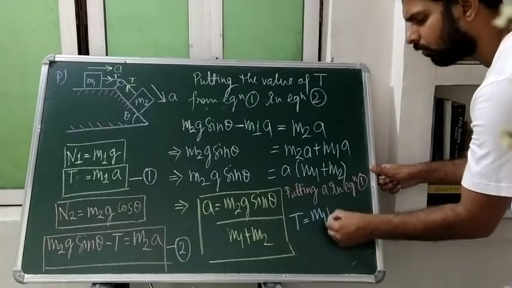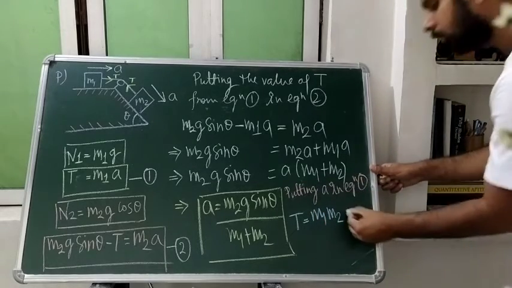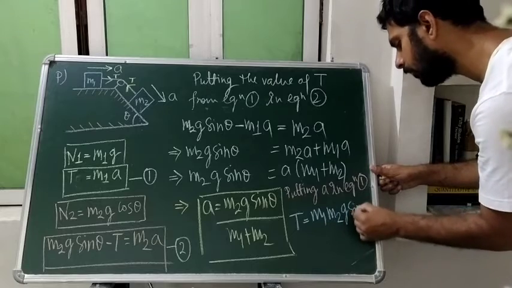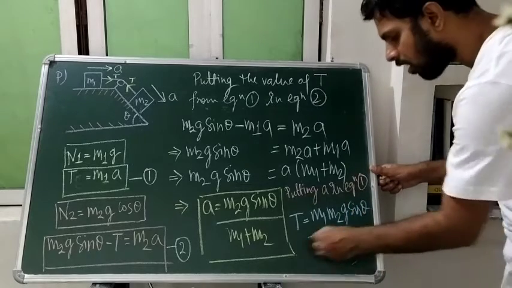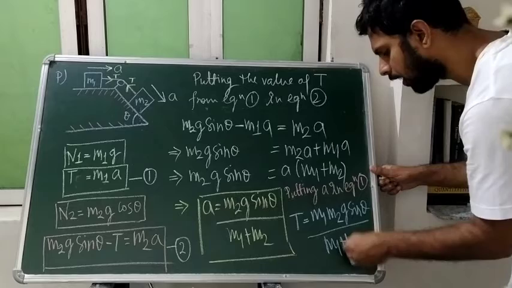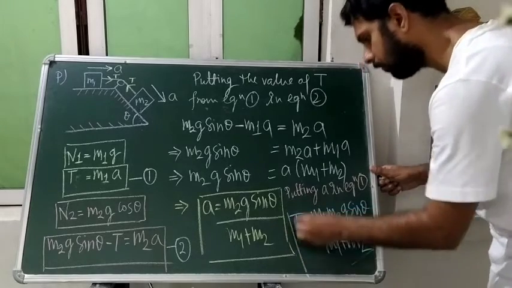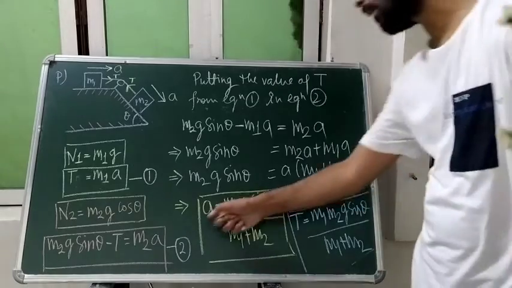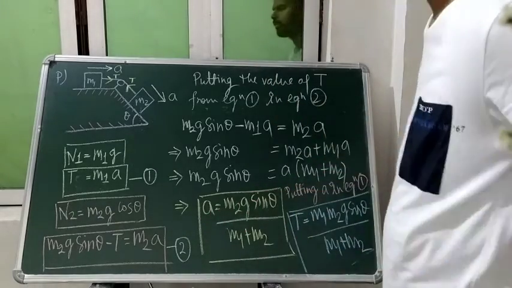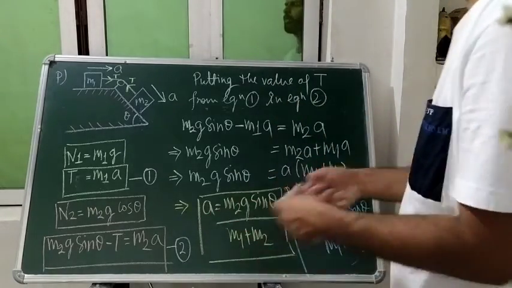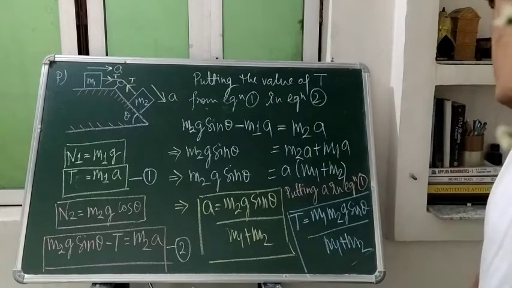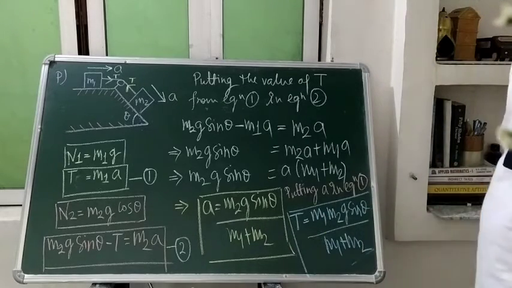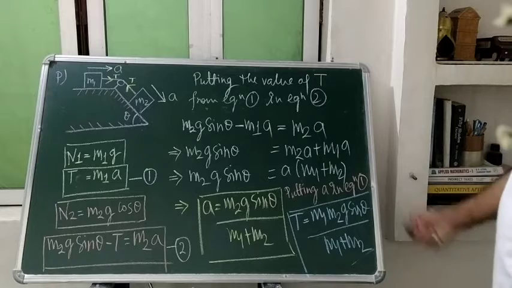At the place of a, you can write m1 m2 g sin theta upon (m1 plus m2). So we have come to know what the acceleration and tension are. Acceleration will be the same in both blocks, tension will also be the same. So the problem has been solved.